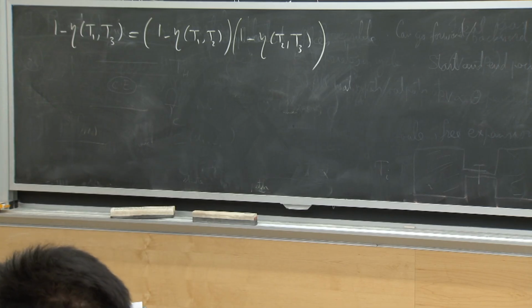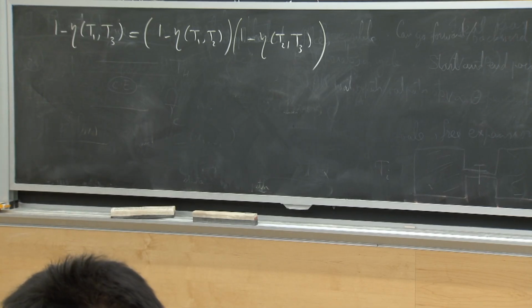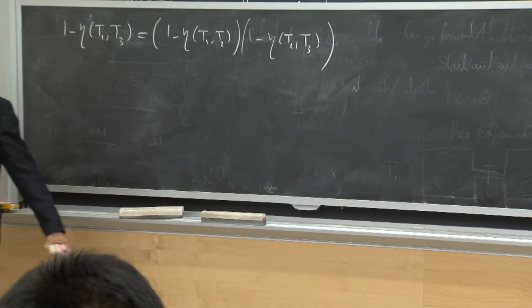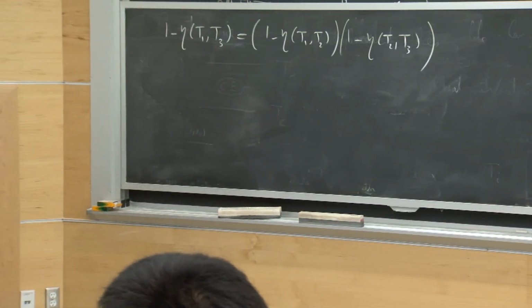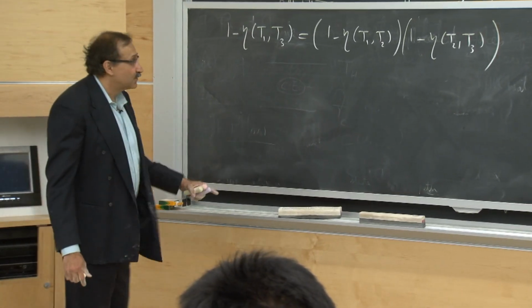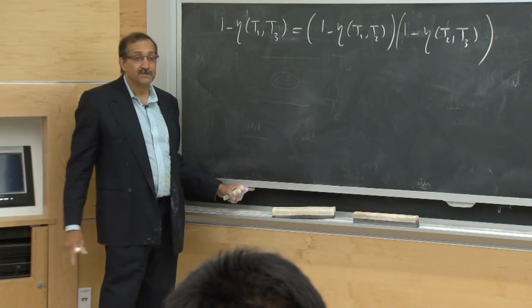So when we are constructing our temperature scale based on properties of this efficiency function, we better choose an efficiency function that satisfies this equality. Okay?